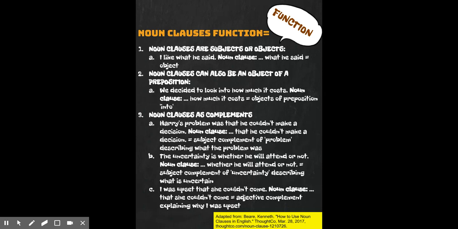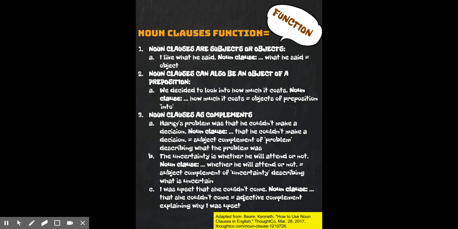Okay? We can also use noun clauses as complements, so predicate nominatives. So what's going to come in front of that? What comes in front of a predicate nominative? You got it, linking verb. Okay? "Harry's problem was that he couldn't make a decision." Notice that was, problem is the noun.